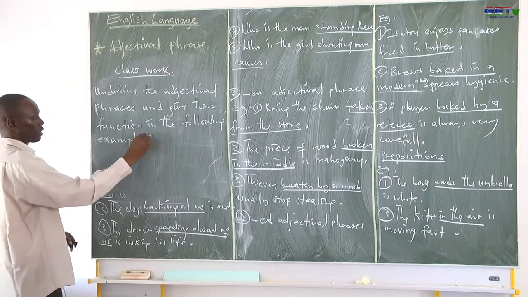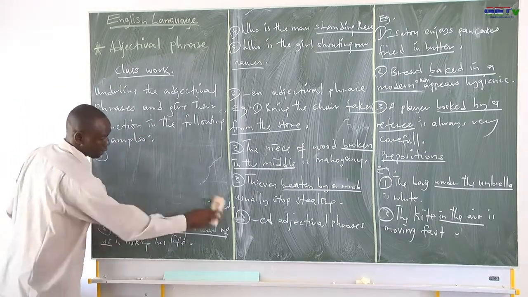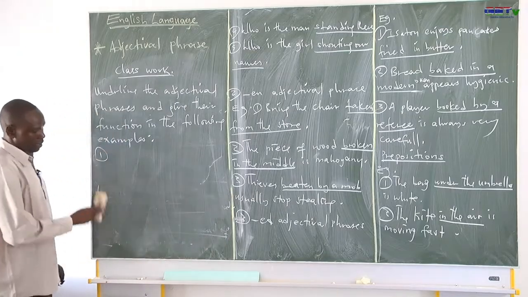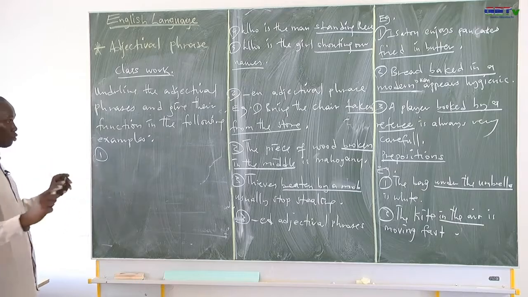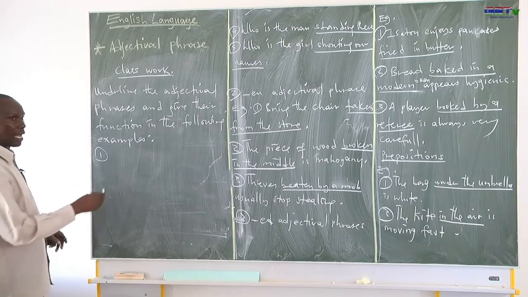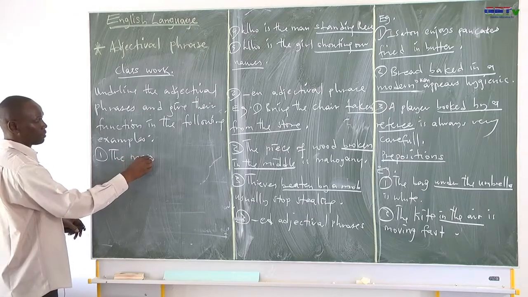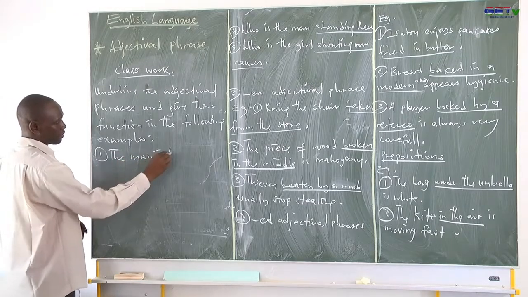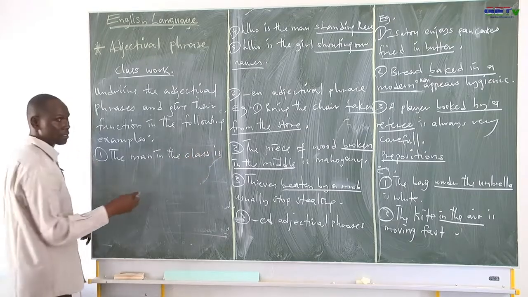Example 1. Now take your pens and do it. Just underline it. That's an adjectival phrase. I don't say noun or adverb, it's just adjectival phrase. Like: the man in the class is a driver.